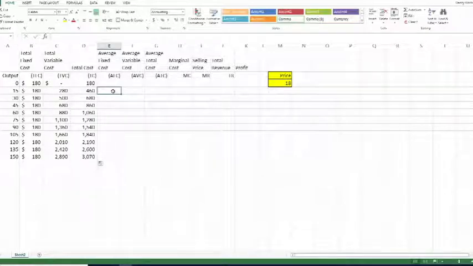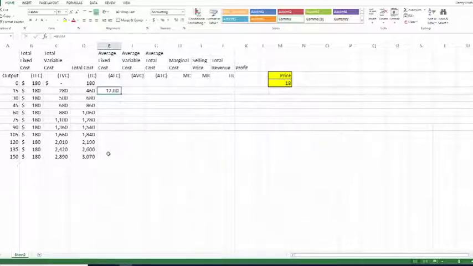I hate that error message. So I'm going to start here on row 4 where my first output is 15. So the average fixed cost is going to be the fixed cost at this 15 output, that 180 divided by the 15. Enter that in, it is done.